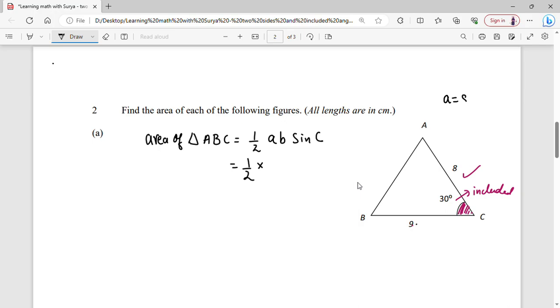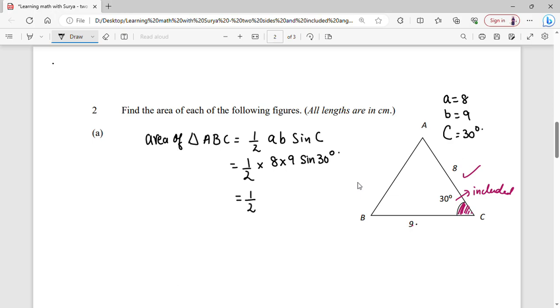A is 8, B is 9. Angle C. So that is the angle. So angle C is 30 degrees. Alright. So C is nothing but the angle. A, B are the lengths. So half times 8 times 9 sine 30 degrees. Now you know sine 30 is half.